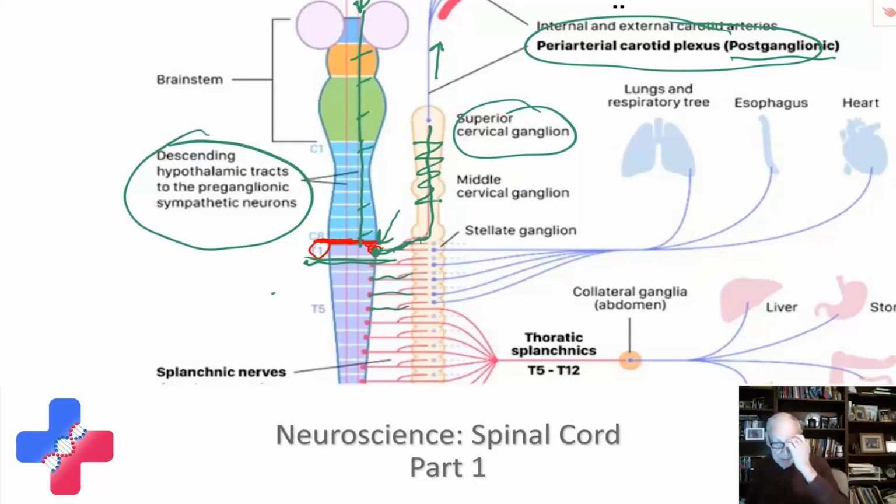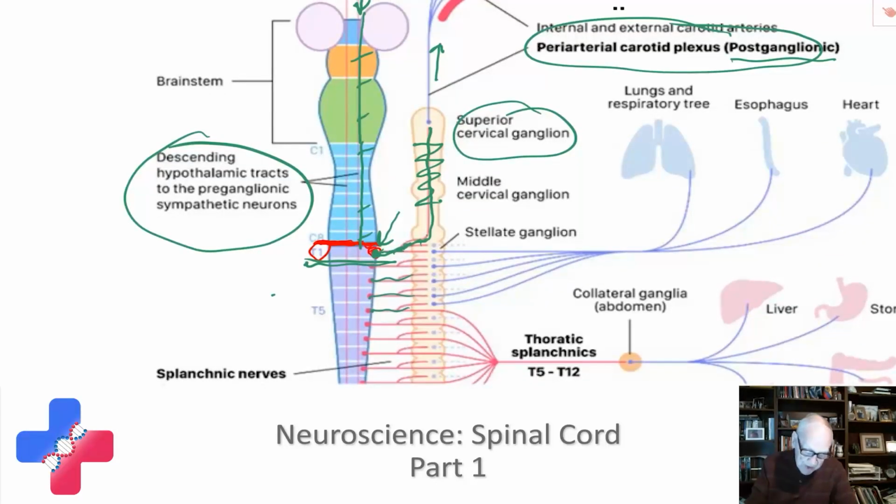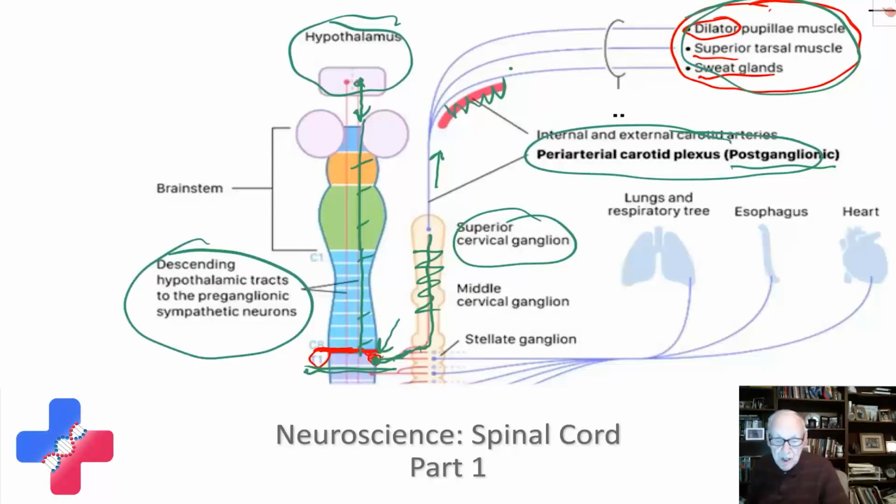Most commonly damaged is in the sympathetic chain: tumors, metastatic disease, Pancoast tumors, anything that could compress on that sympathetic chain could damage the preganglionics. And then if you have vascular lesions in the carotid system, you could also damage the postganglionic. So notice there are three different areas where you can damage this circuitry and result in Horner syndrome.